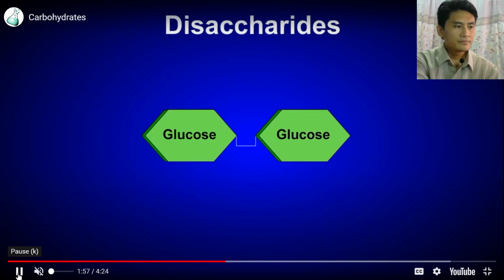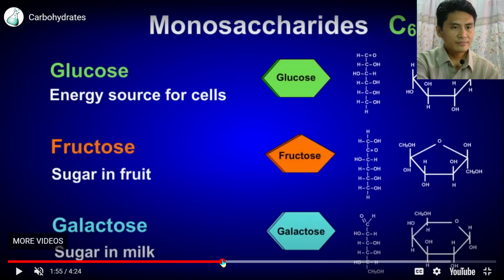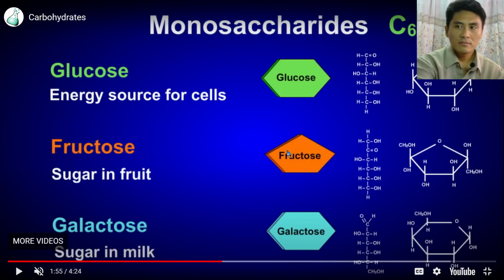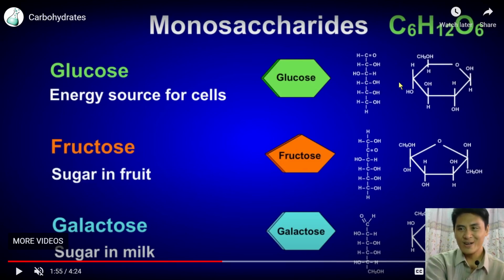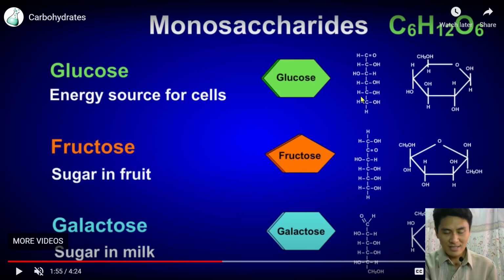Now, if you look at the structure of all this sugar, you can have the cyclical form, which is in this form, and then you can have the straight chain form. Again, if you go to biochemistry, it's even more complicated than that.